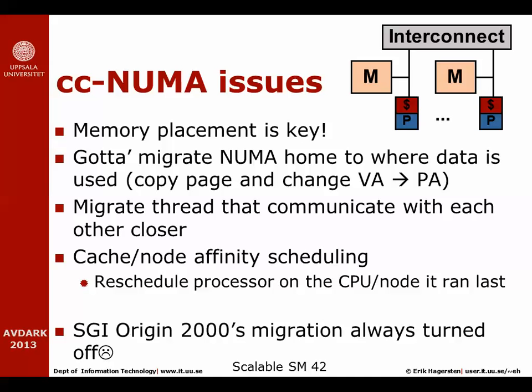And they had implemented some very nifty migration scheme for where to migrate the data and when to migrate it. Lots of hardware support, and it turned out that most customers actually turned that off because that migration scheme often outsmarted itself and turned into pessimizations rather than optimizations. So this is why I think NUMA is a four-letter word.